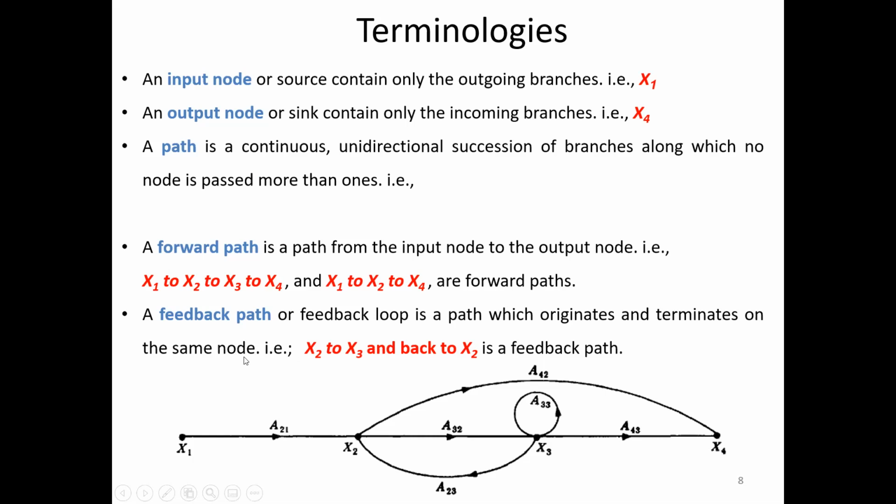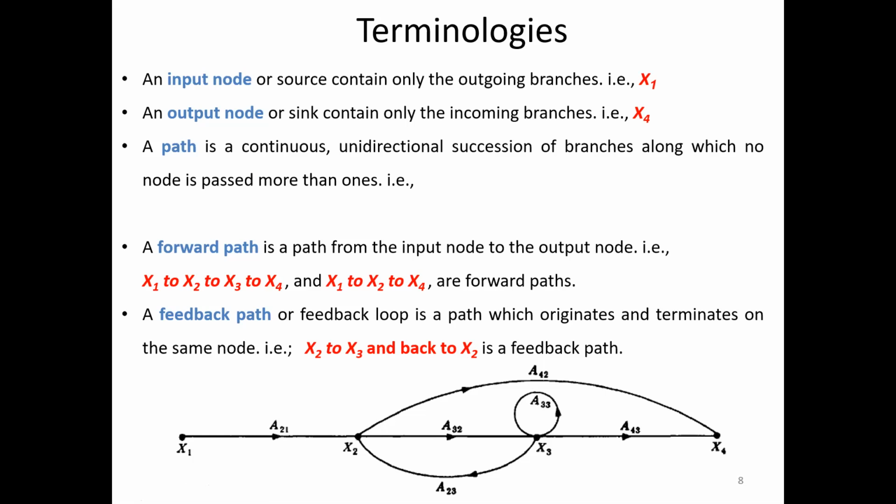Okay, similarly we have a feedback path, which we popularly call a feedback loop. What is a feedback loop? A feedback loop is a loop wherein we start our traversal from a node, travel a few branches, and come back to the same node. Say, for example, in the graph take the x2 node. I start my traversal from x2.